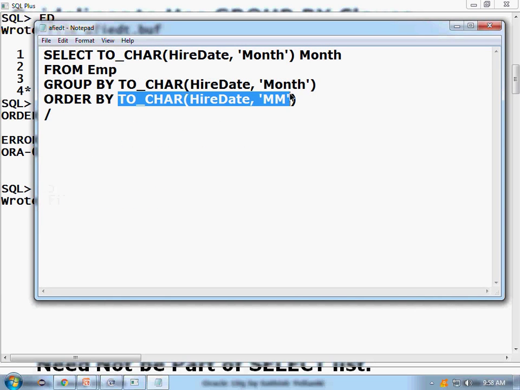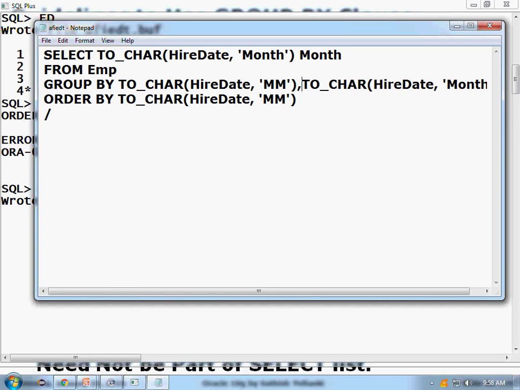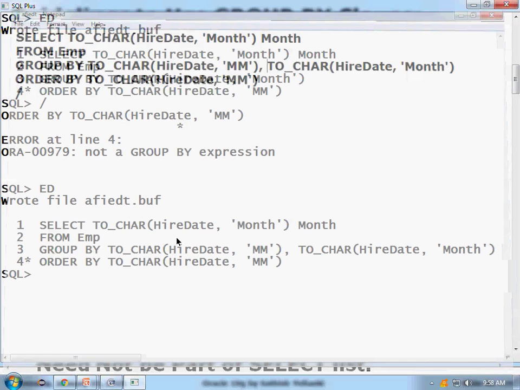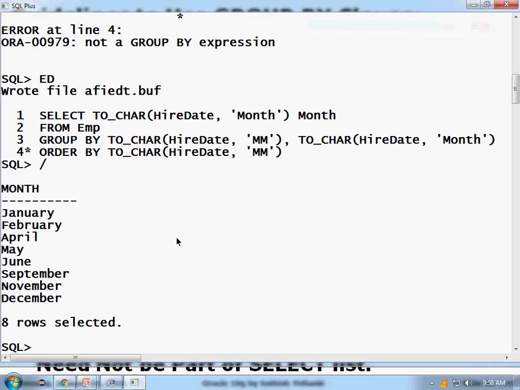So, when can it be successful? Take this and make it part of the group by. Now, group by has how many columns? Come on now, 2 columns. How many am I projecting? 1. Is it part of the group by? Yes. The order by is part of the columns of the group by. Yes. Everything is synchronized.